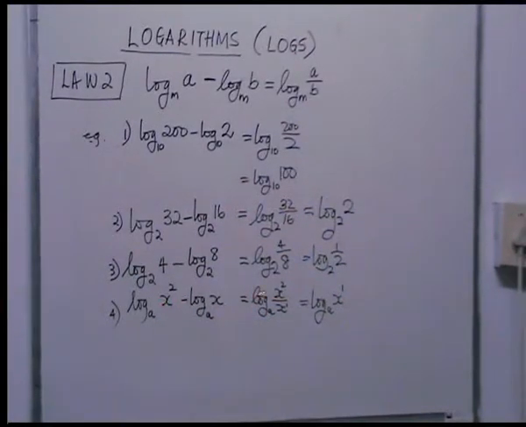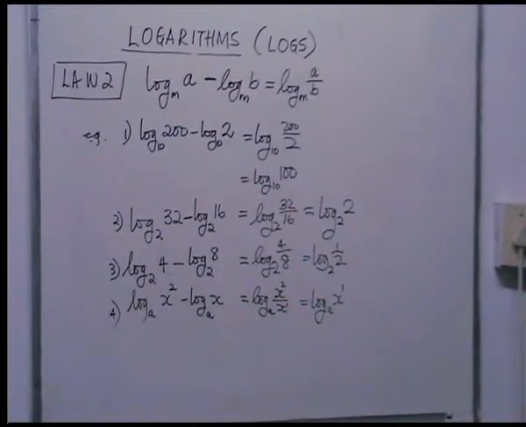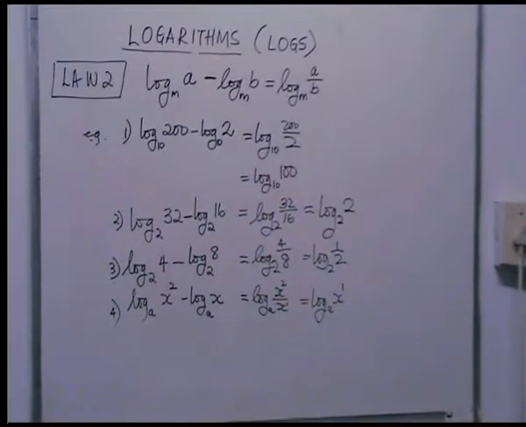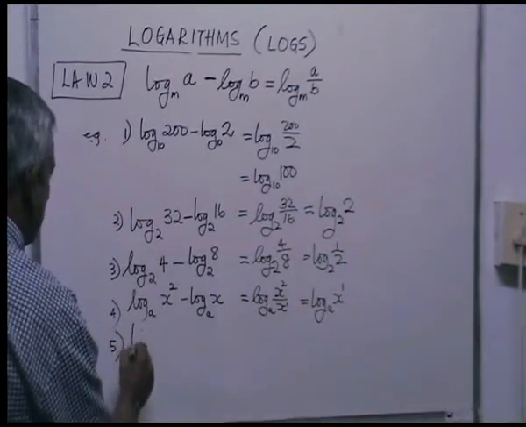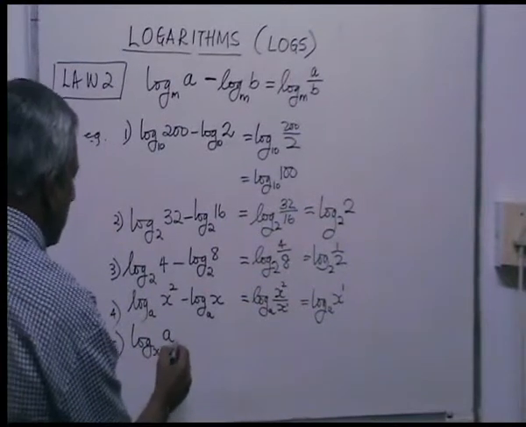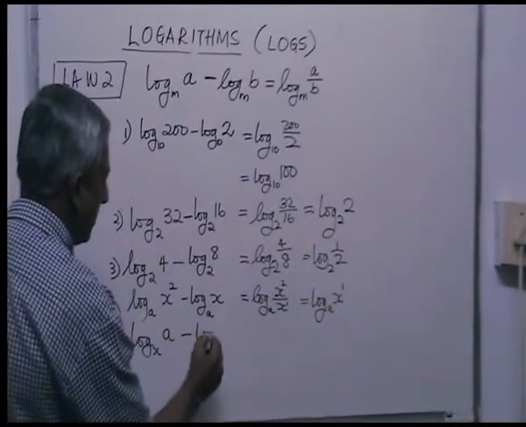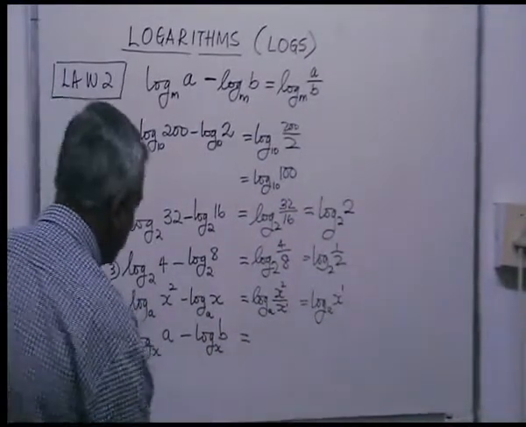Remember, the first becomes the numerator, the second becomes the denominator. Now, in case you're wondering where this 1 came from, because there's no 1 here, well, that 1 is always understood, you see. Right, let's do another example. Number 5. Log of a to the base x minus log of b to the base x is equal to.